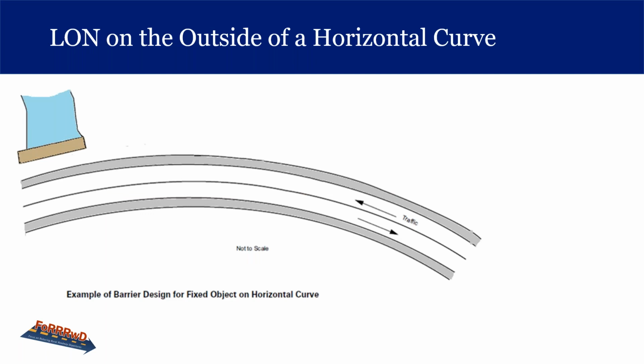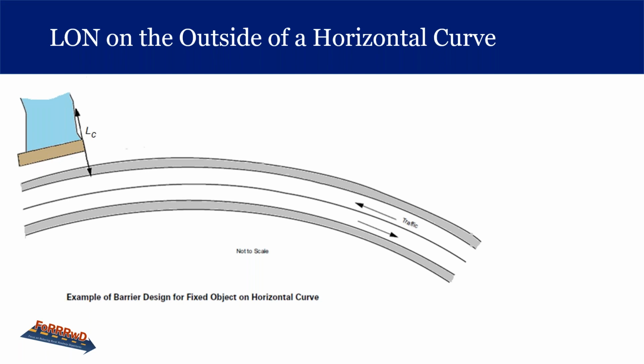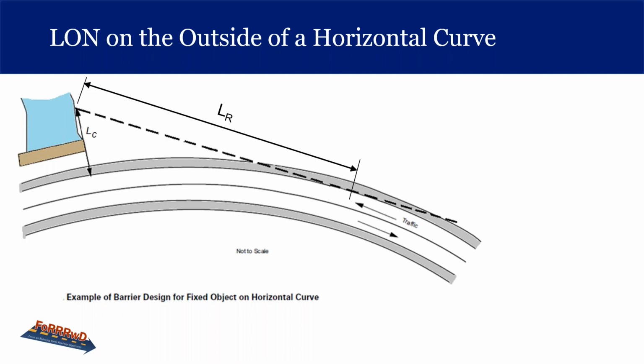And then on the curve here, we see if the obstacle is on the outside of a horizontal curve, the length of need is defined by a tangent from the obstacle to the edge of the traveled way. This is best determined graphically. So we're drawing this straight line from the curve.